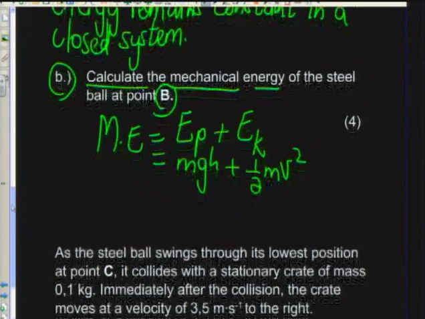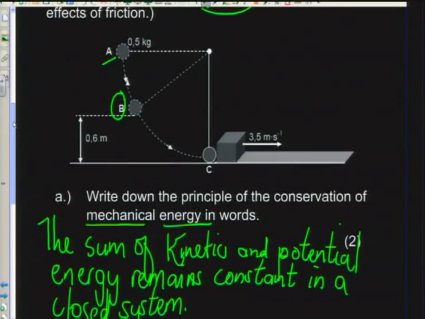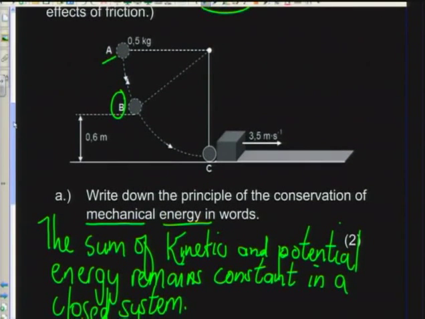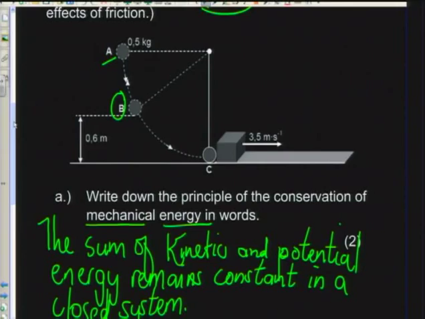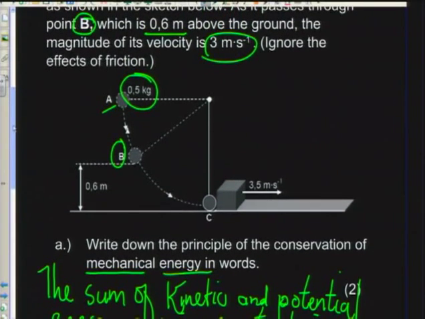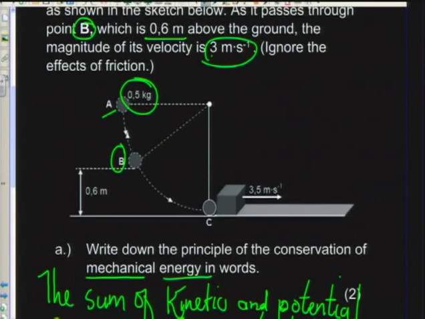Going back to finding the values here, the height is 0.6 meters, the mass is 0.5 kilograms, and the velocity at this point is 3 meters per second.